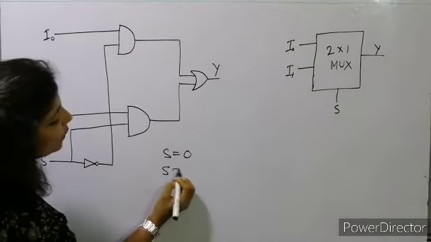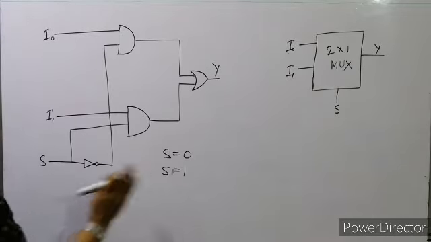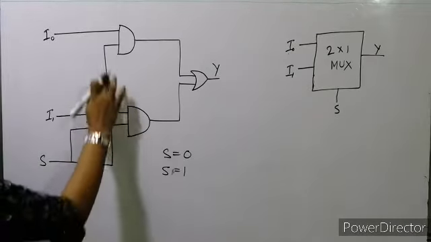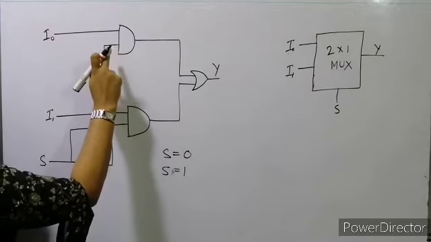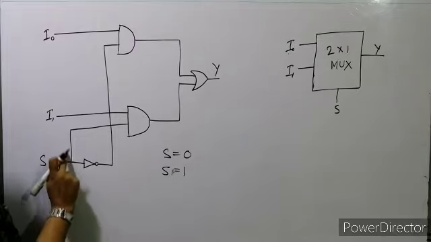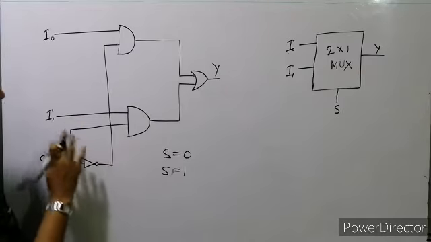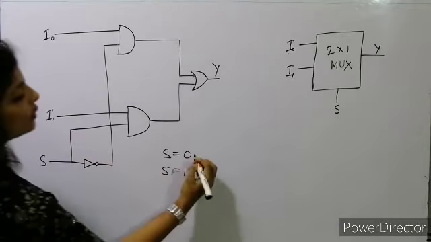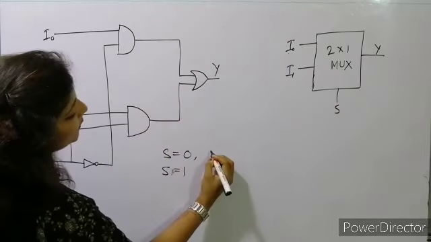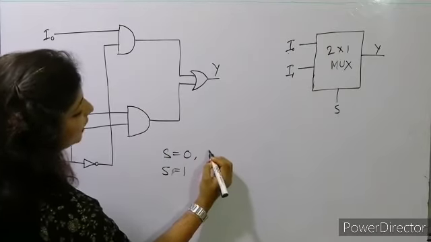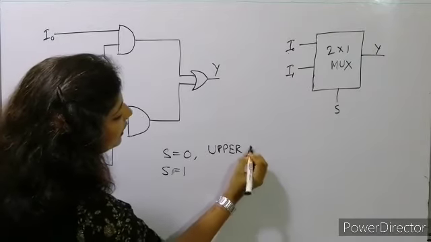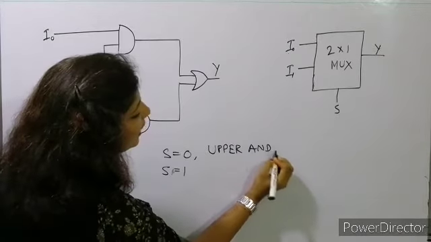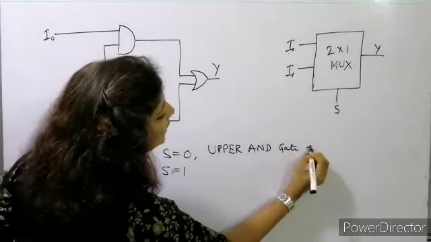If s is equal to 1, then this will be 0, so that gate will be disabled, and the other will be 1 and enabled. So when s is equal to 0, the upper AND gate will be enabled.